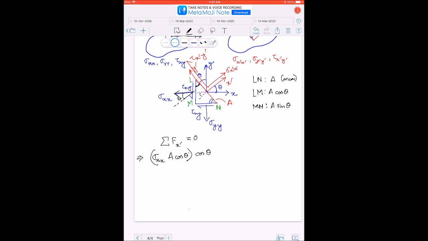And there's a minus here because it is along the negative x dash direction.